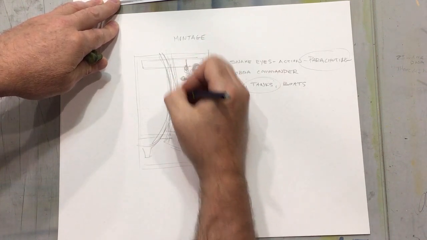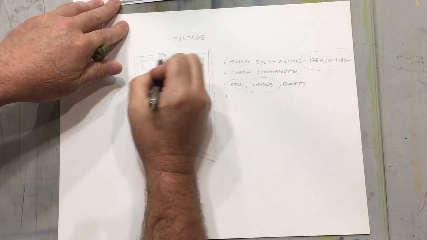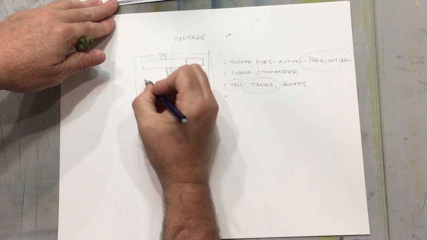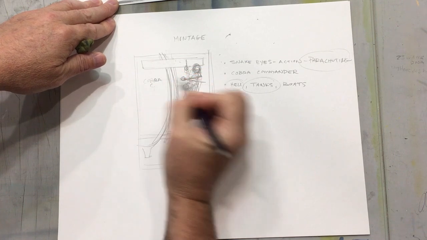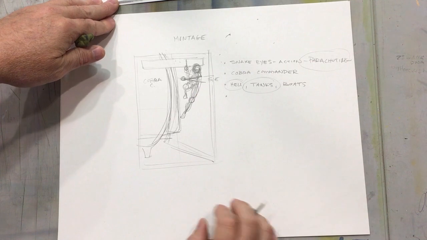We immediately know that this composition is going to be a montage, because now we have a big head, right? And so this is going to be Cobra Commander, and we've got Snake Eyes over here, SE.